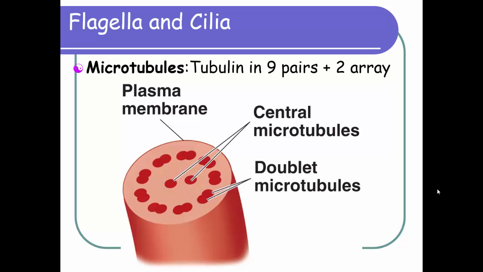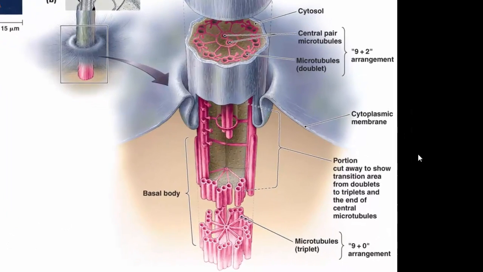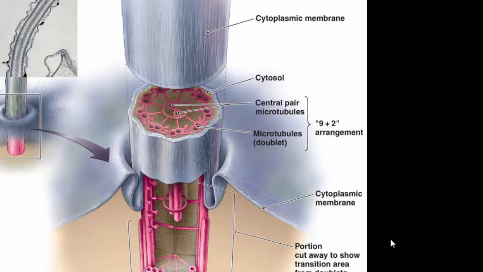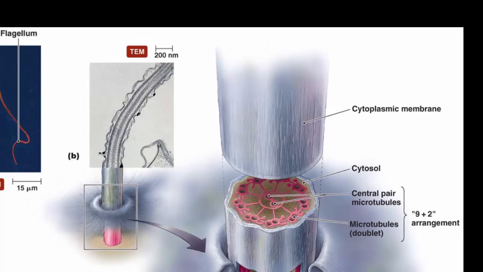So, unlike the prokaryotic flagella, we do have the basal body, but the hook basically is not existent. While the prokaryotic flagella moves in a propeller-like motion, the eukaryotic flagella move in an undulating manner. In other words, they whip back and forth.